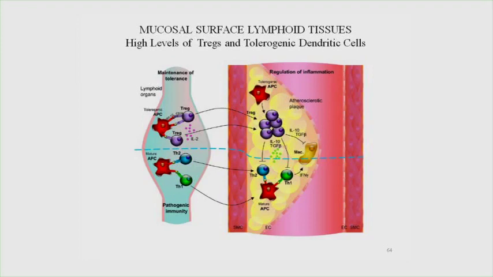When you think about all the different foods we eat and all the molecules that we're going to inhale, we don't really want to recognize all of them as a threat. Otherwise, we'll have lifelong sneezing and diarrhea. So Mother Nature in her wisdom made these surface areas of our body rich in Tregs, so we don't recognize these innocuous substances and mount an immune response.